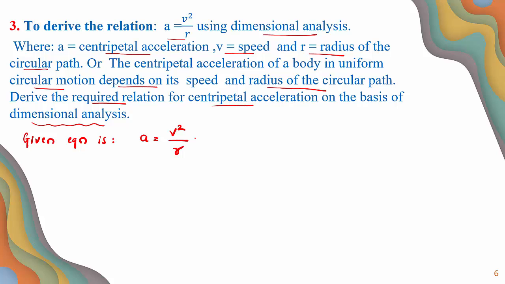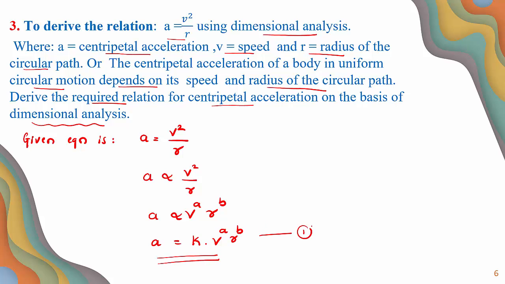So this problem I am going to give you as an assignment. So try to solve it yourself. You can follow the first two examples. I will give you some hints here. We have to write this equation as A is proportional to V square by R, or we can write A is proportional to V raised to A, R raised to B. Or we can write A equal to proportionality constant K into V raised to A, R raised to B. So I have given equation 1.